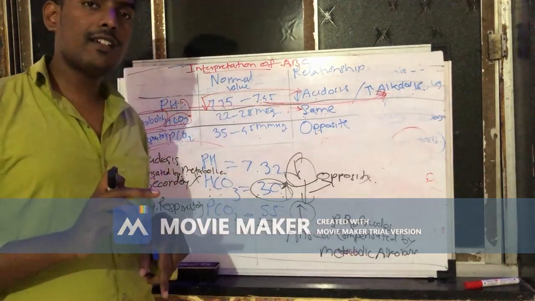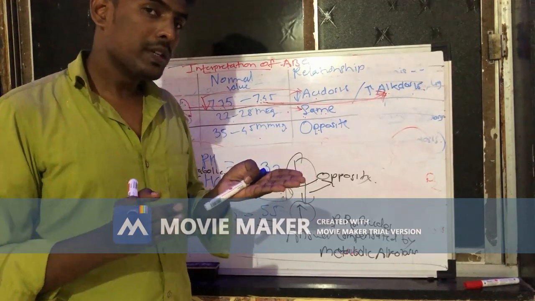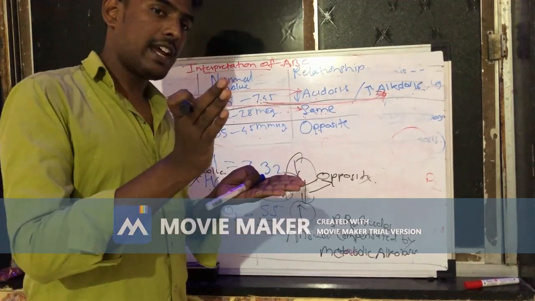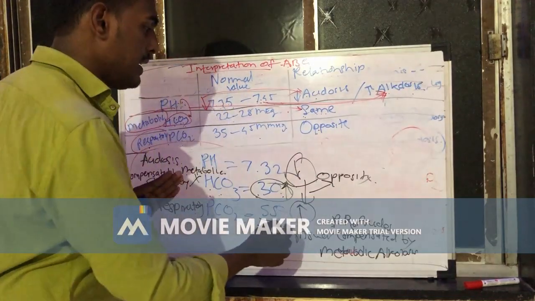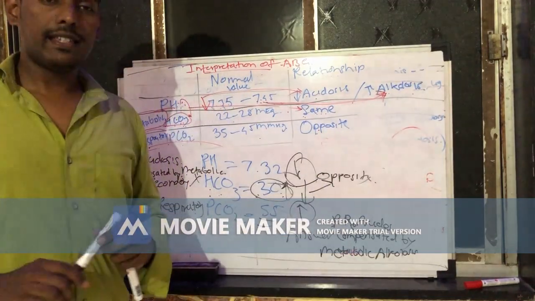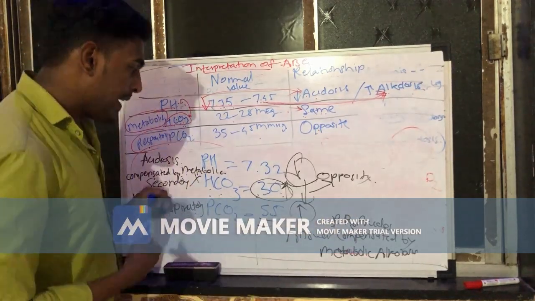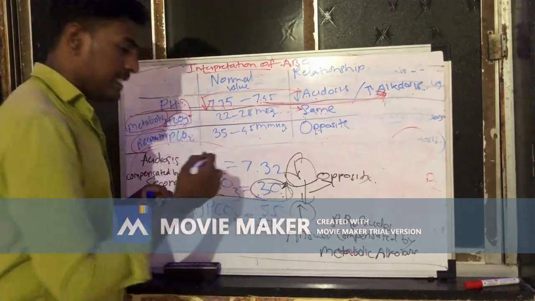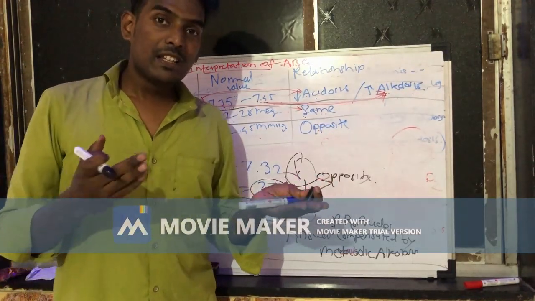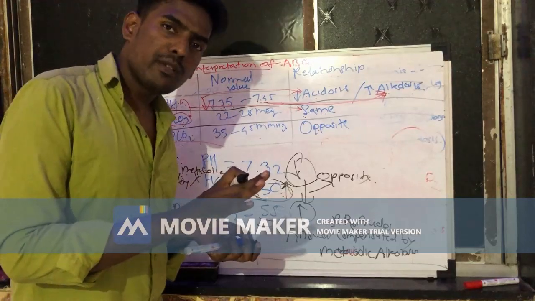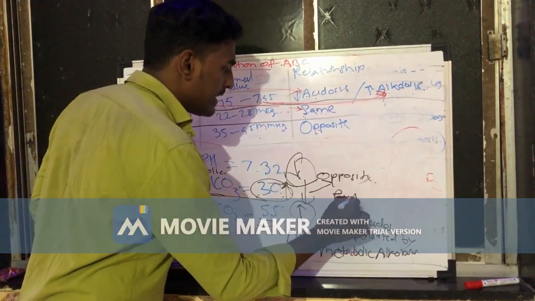Why metabolic alkalosis? My HCO3 tried to increase my pH. Whether after all this, after my HCO3 increased, the pH came to normal? No. Then we call it partially compensated.